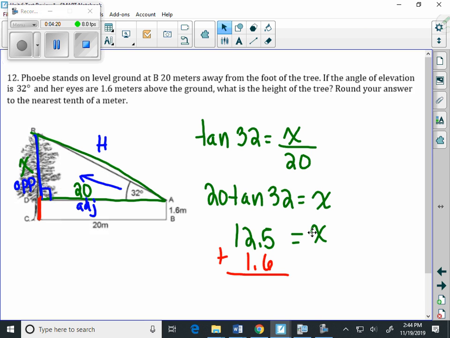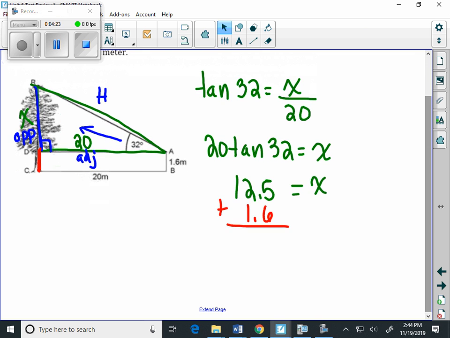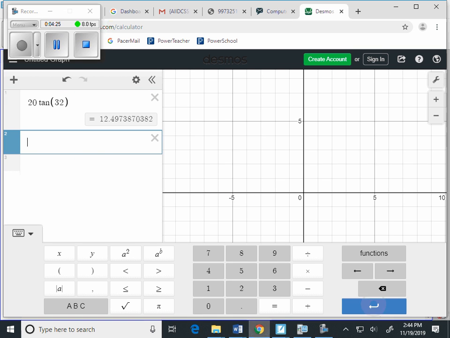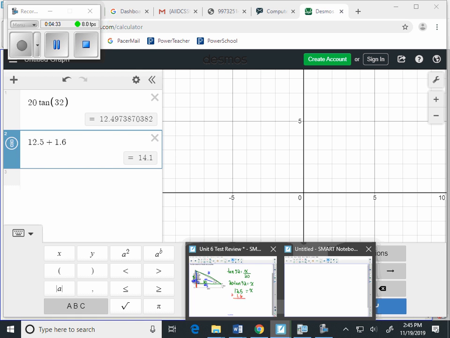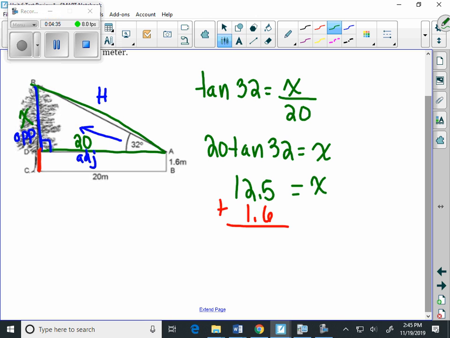And when we add those two together, 12.5 plus 1.6 gives us 14.1 meters is the height of the tree.